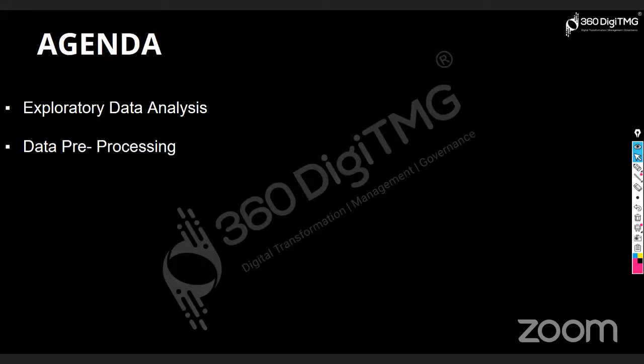Now, these two go hand in hand, and we'll see how. In EDA, we try to visualize our data. Visualization helps us understand how the data is behaving, what is within that data. And then in pre-processing, we are cleaning up the data.